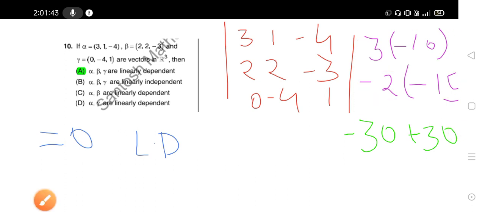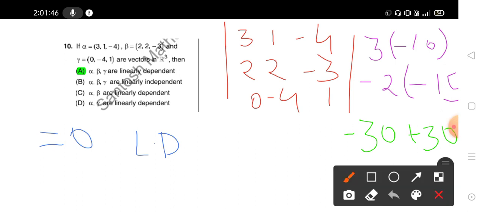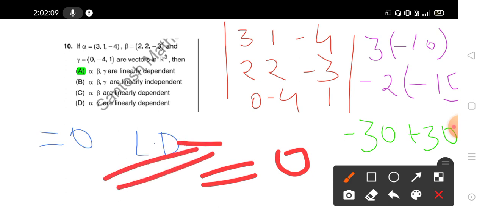Finally we get minus 30 plus 30, that is equal to 0. The vectors are linearly dependent if and only if the determinant equals 0. If the determinant is not equal to 0, then linearly independent. This is an if and only if statement.